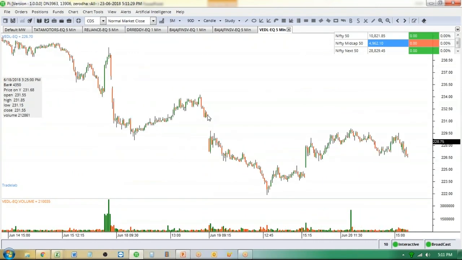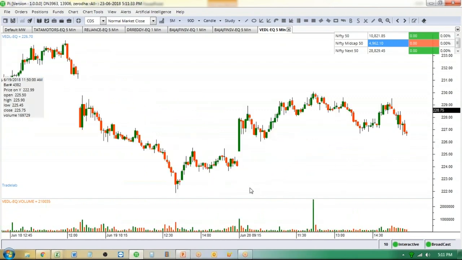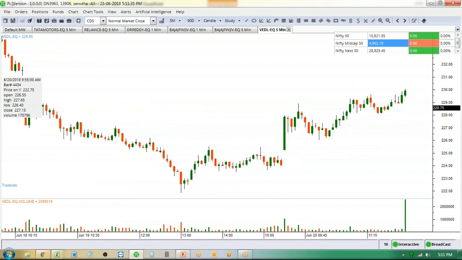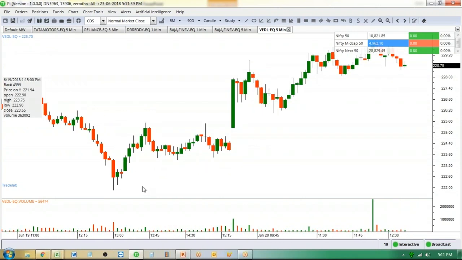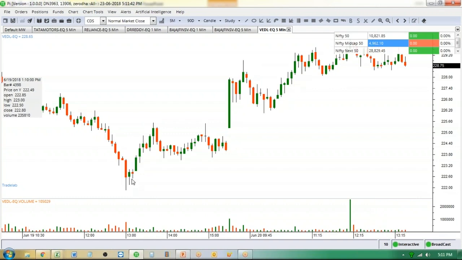So in VEDL, we said that this was the low day which was formed. Now I'll mark a support or a resistance here, near the low. It seems that there is some sort of a support over here.